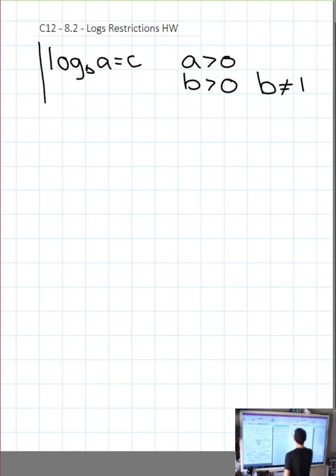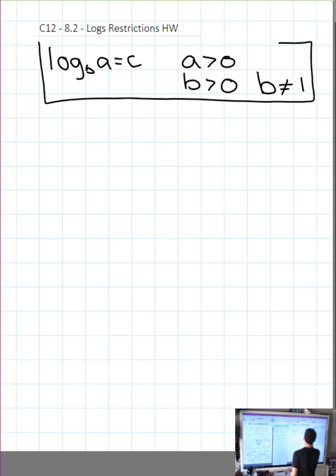So those are going to be the restrictions. Just like denominator cannot equal 0 and we can't square root negatives, this is going to be another restriction that we'll need to remember. So let's take a look at a few examples.